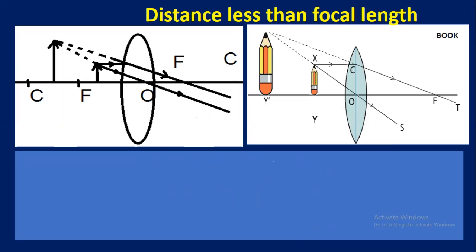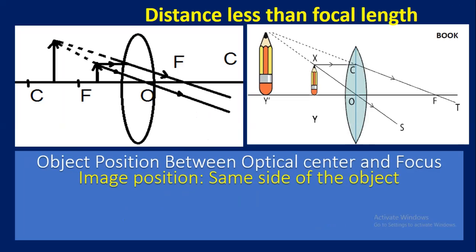That's all the information. And if the distance is less than the focal length, if the object is placed inside the focal length, then the object position is between the optical center and the focus, and the image position is on the same side as the object.